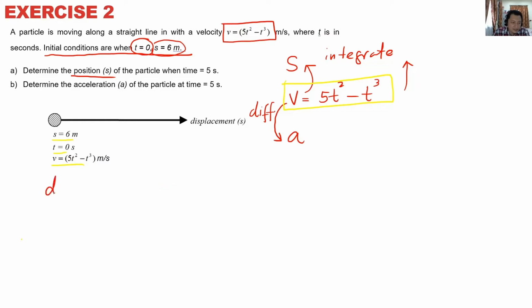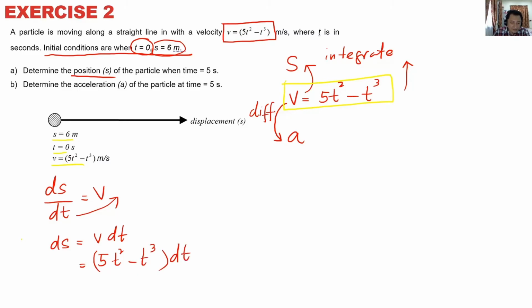let's do it here. ds over dt is equal to v. Bring this over here, you're going to get ds is equal to v dt. So you have to plug in this thing, 5t squared minus t cubed, dt is equal to ds.